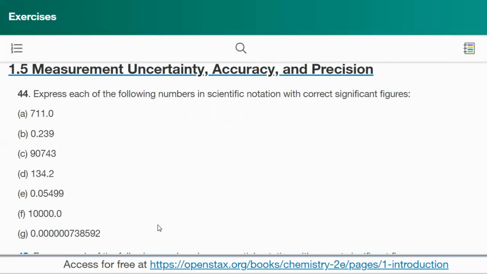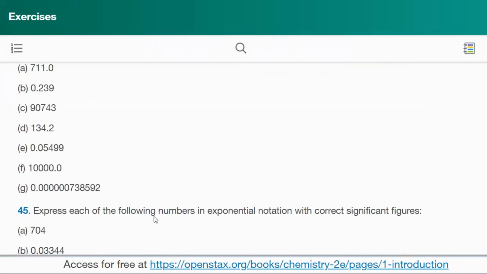So let's do the odd numbered exercises first, because I happen to have the answer key, and so do you. If you just go to the link at the bottom of the screen, it's in the OpenStax Chem 2E book. So let's go right to it now.